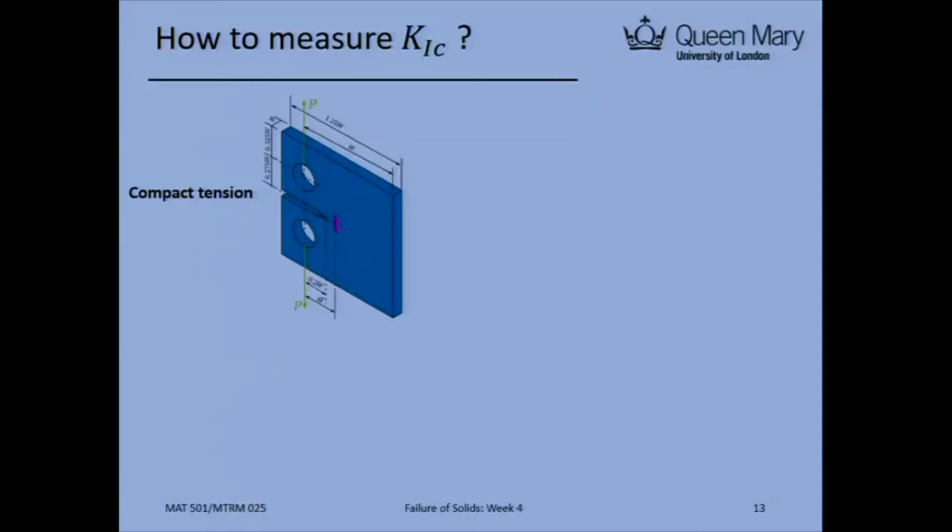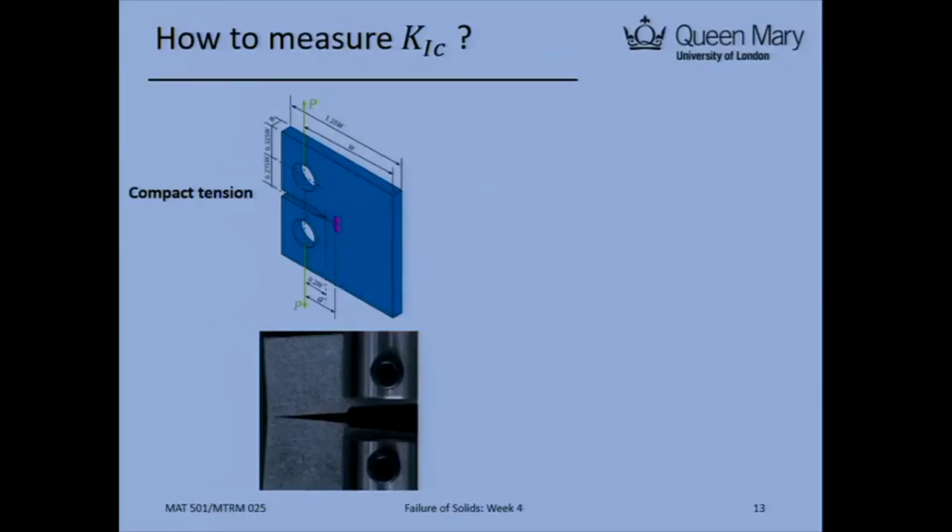And when you load those 2 pinholes from upside and downside, you can manage to apply a stress very localized at that crack tip. By doing that, you can easily break the specimen, much easier than we do for the central crack panel.